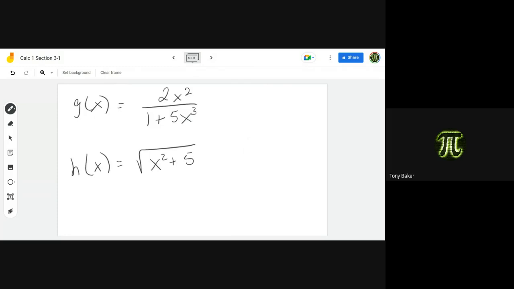So we don't currently have a rule that allows us to move things out of a square root, because the square root is an exponent.